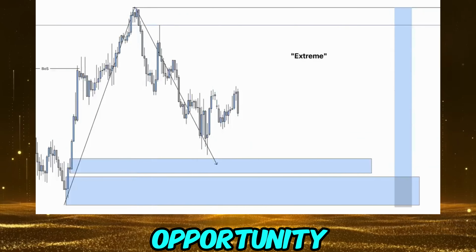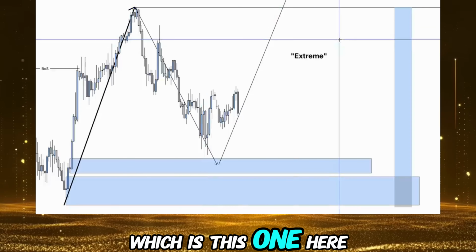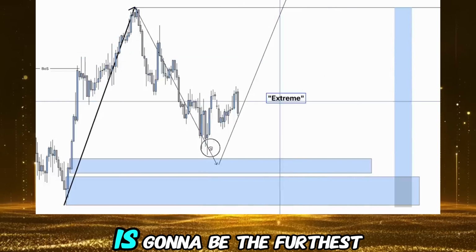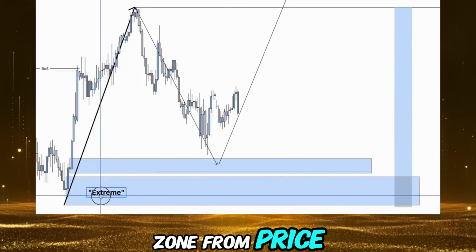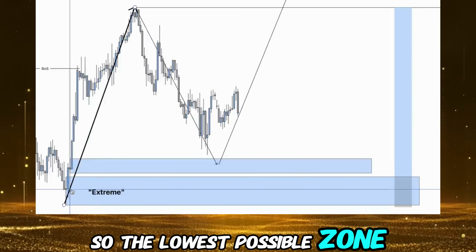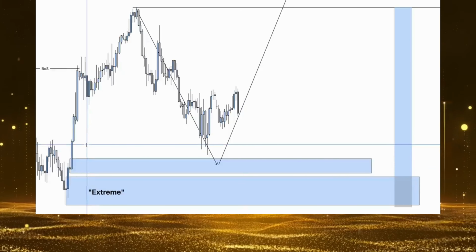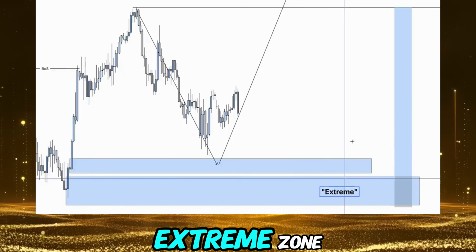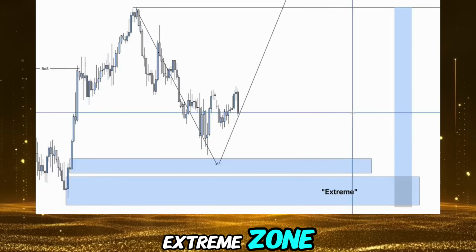Inside of the first leg of price action, which is this one here, the extreme zone is going to be the furthest zone from price. So the lowest possible zone in a buying scenario. That makes this zone the extreme zone. If we want to place a buy limit on either of these zones, the standard one to go for is going to be the extreme.